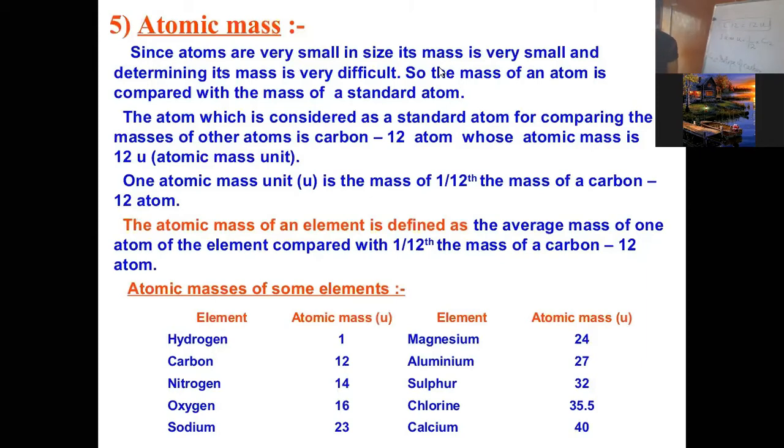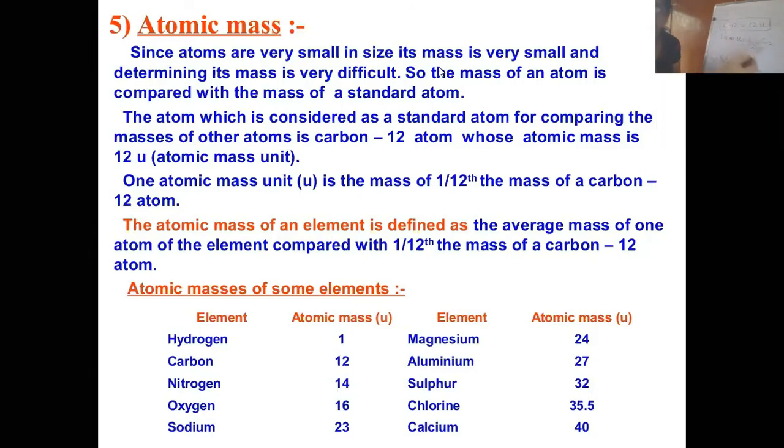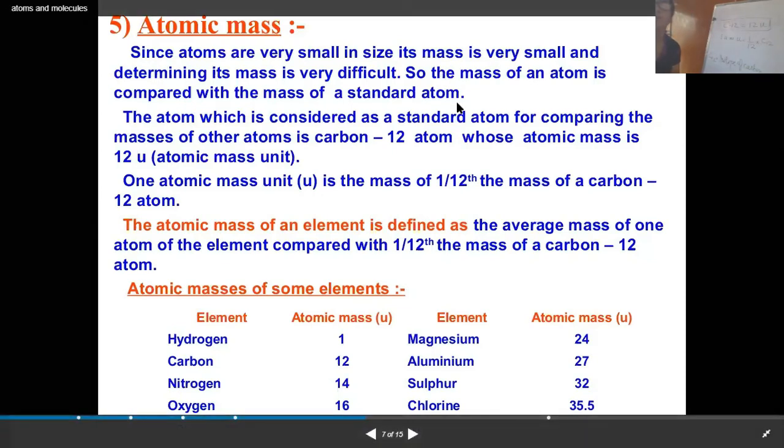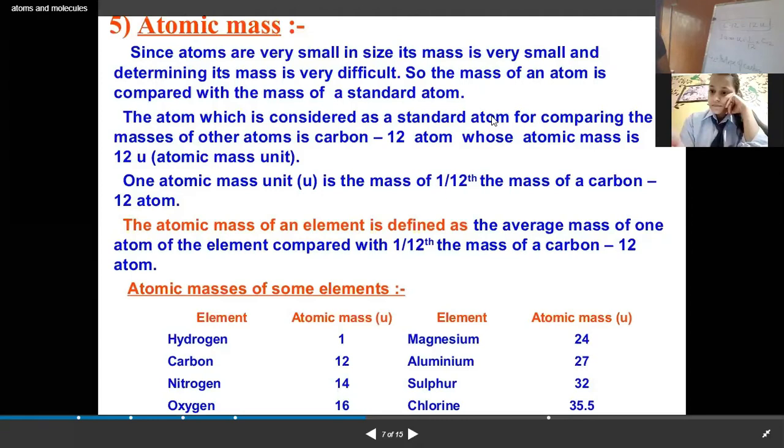Okay, so this is the atomic mass unit. Atomic mass unit is defined as 1 by 12th of the mass of C12. Now, how can we define the atomic mass of an element?